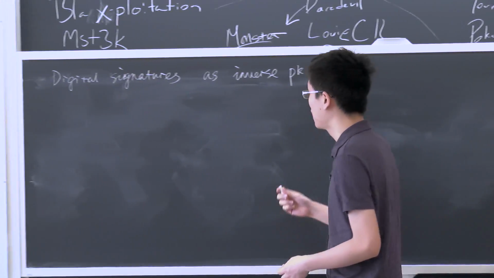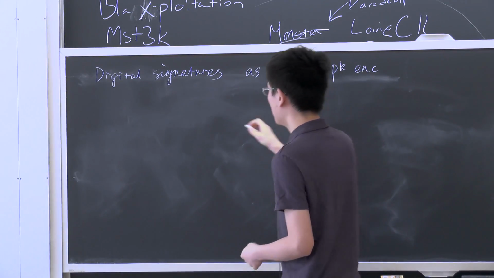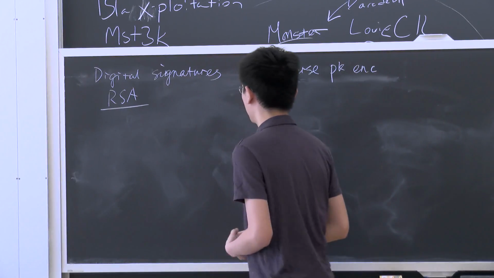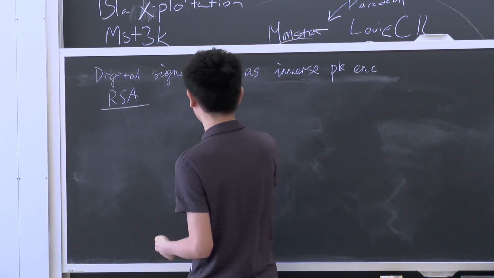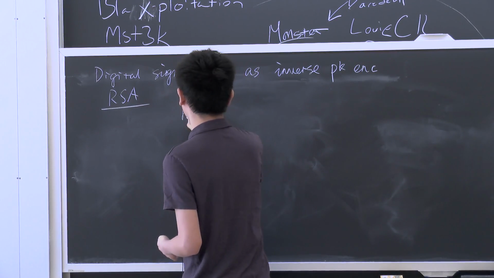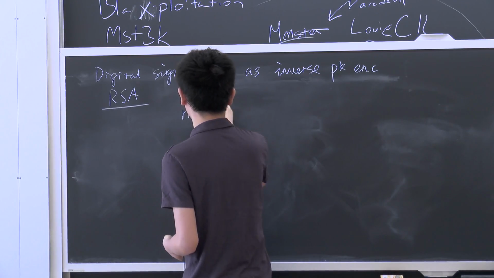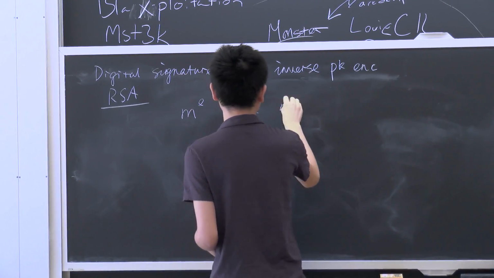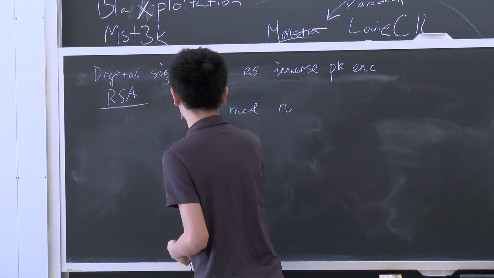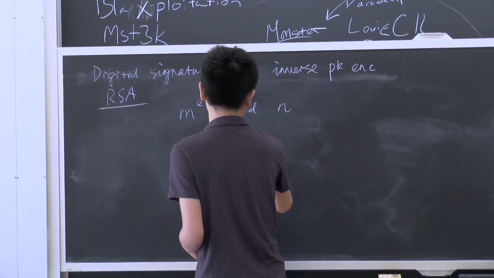What does that mean? I'll use RSA as an example. RSA encryption is m to the e mod n. Decryption is c to the d mod n.